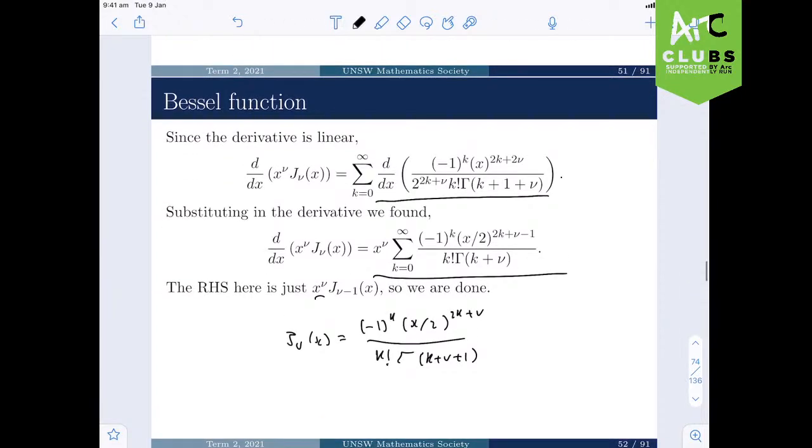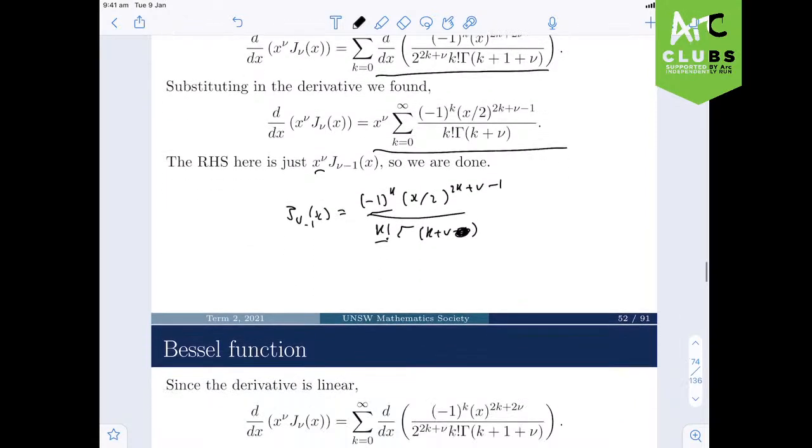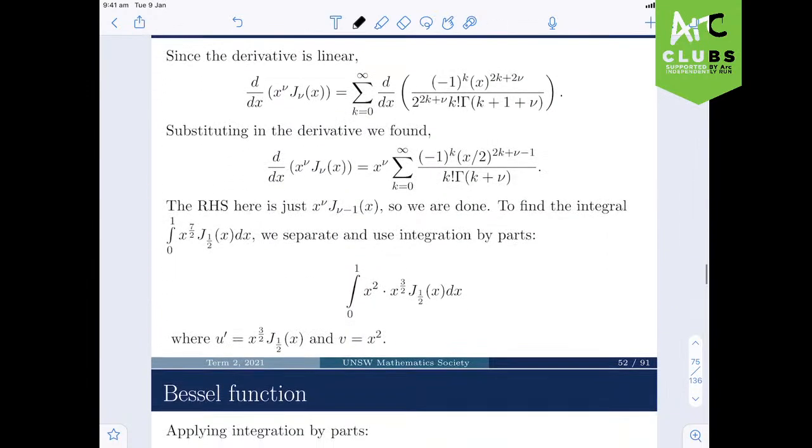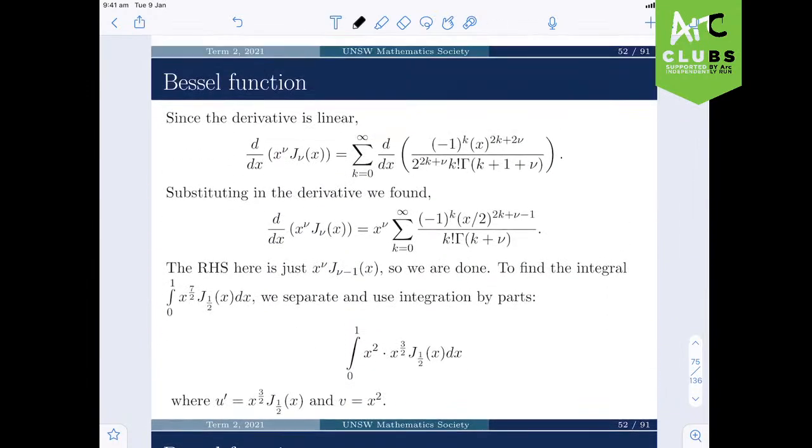So if we just decrease nu by 1, we will just get x on 2 to the power 2k plus nu minus 1. Everything else stays the same except for the gamma, which also decreases by 1. And so we're done. That's the first part of the question.